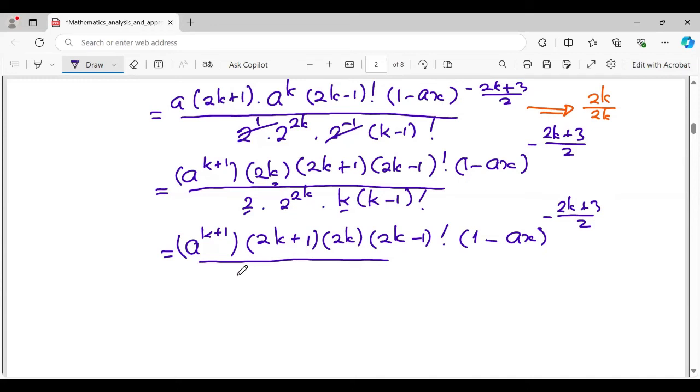So it becomes 2 times 2 power 2k, because this is 2 power 1, so it's going to be 2 power 2k plus 1.